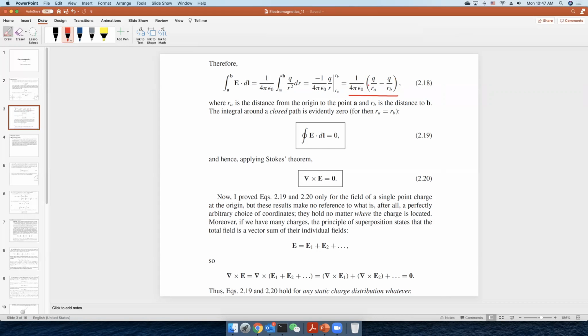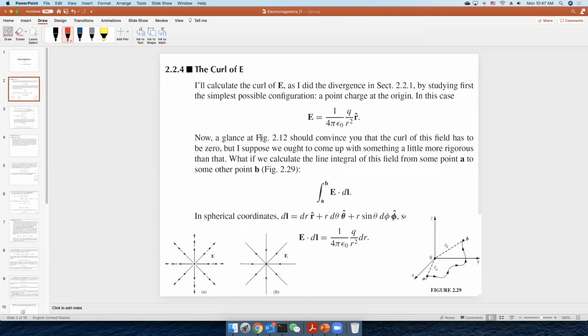You just get the equation of 1 over 4 pi epsilon 0 and then Q over RA subtracted by Q over RB. There's no information about the path. It only depends on your RA and RB, so it only depends on your starting point and the ending point.